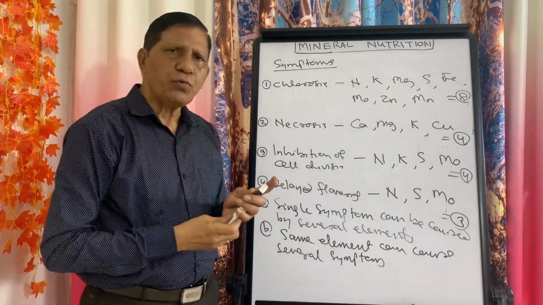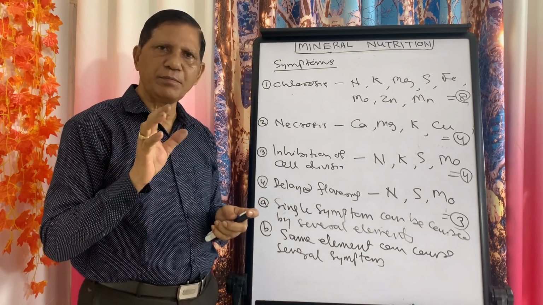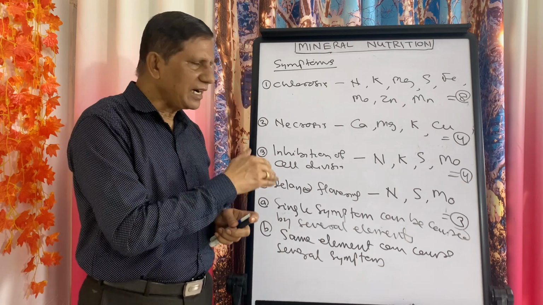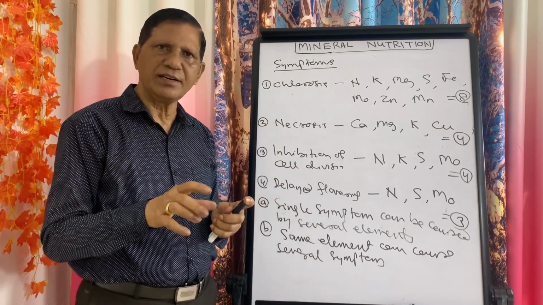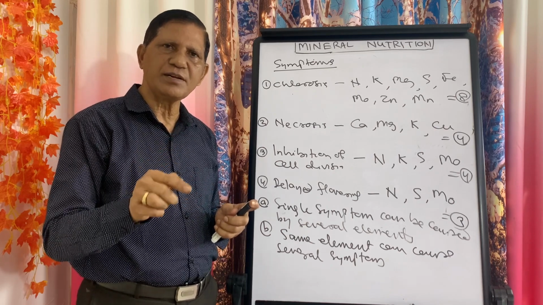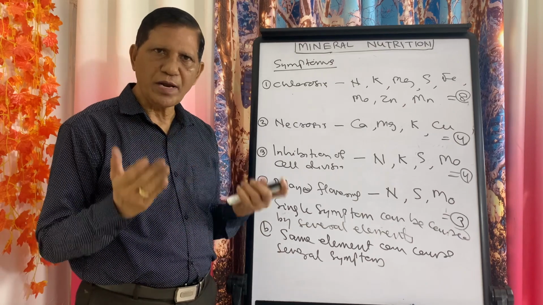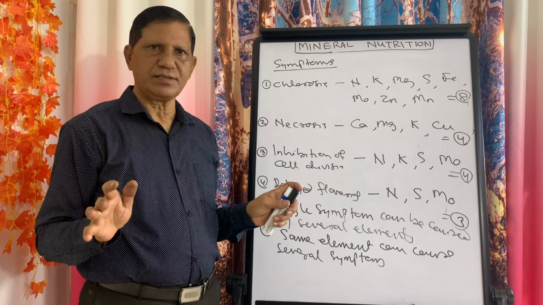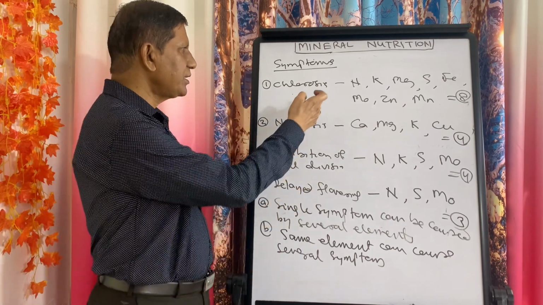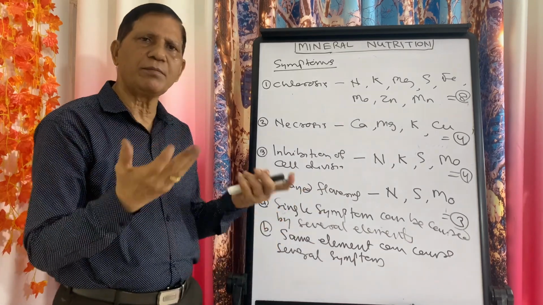So when we observe certain deficiency symptoms or hunger signs in a plant, and that can be caused by several elements, how will we ascertain that this is due to deficiency of that particular element? That is very important. For this, we have to observe all the symptoms. Suppose in one case there is chlorosis, then inhibition of cell division, then delayed flowering, and there may be some other symptoms.